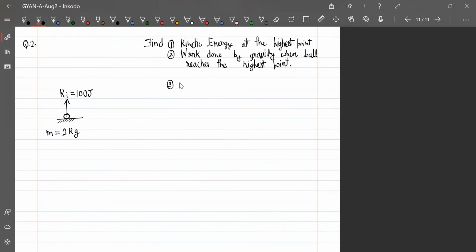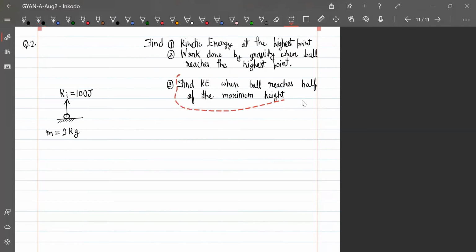And third, find the kinetic energy when the ball reaches half of the maximum height. And before that, we can add another question.